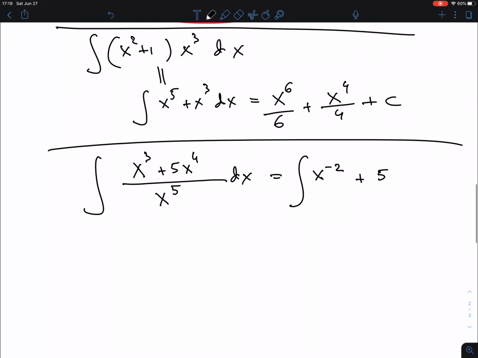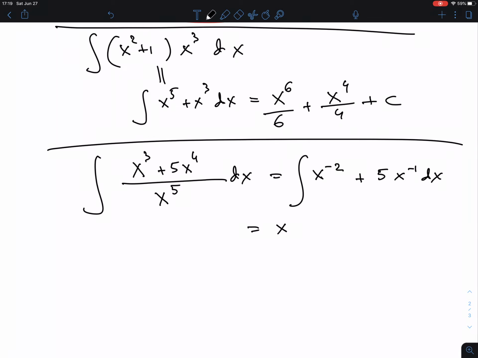That is 5 times x to the power negative 1, dx. Okay, here we go. And the antiderivative of x to the negative 2 is x to the negative 1. I'm going to do the sum rule right away now. So for the first one, add 1 to the exponent, divide by it. And again, I know how to simplify this, but I'm not going to do it. Plus 5, that's the constant, takes out. And the antiderivative of x to the negative 1: add 1 to the exponent, divide by it. That's dividing by 0, right?